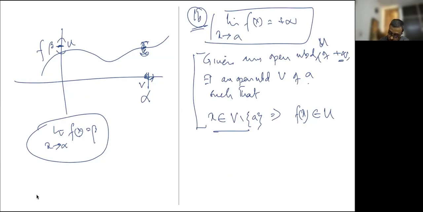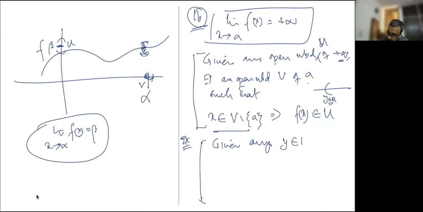Now, check that this is the same as saying the following. Given any real, so any open neighborhood of plus infinity contains something of the form y to infinity, where y is a real.